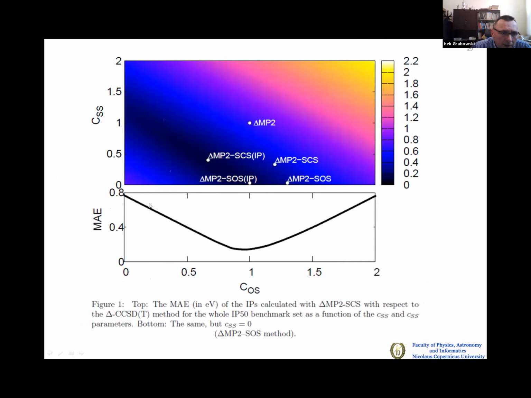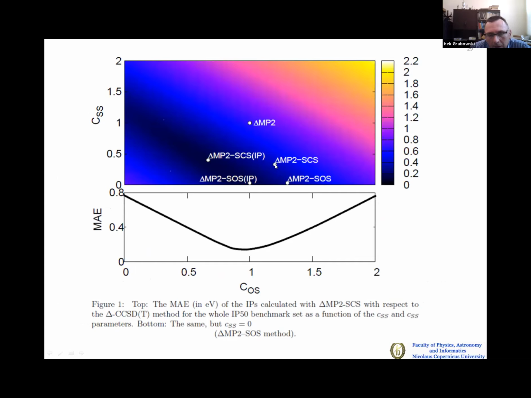So what we have here, the minimum error is in black color. As you can see, the standard delta MP2 is somewhere here with the error about 1 electronvolt.